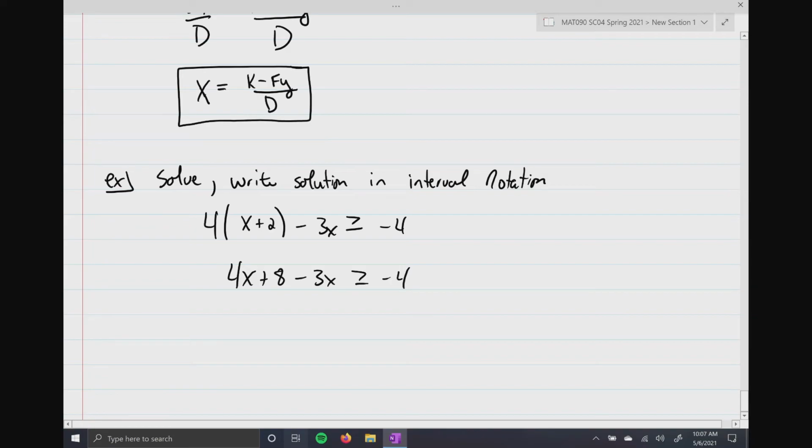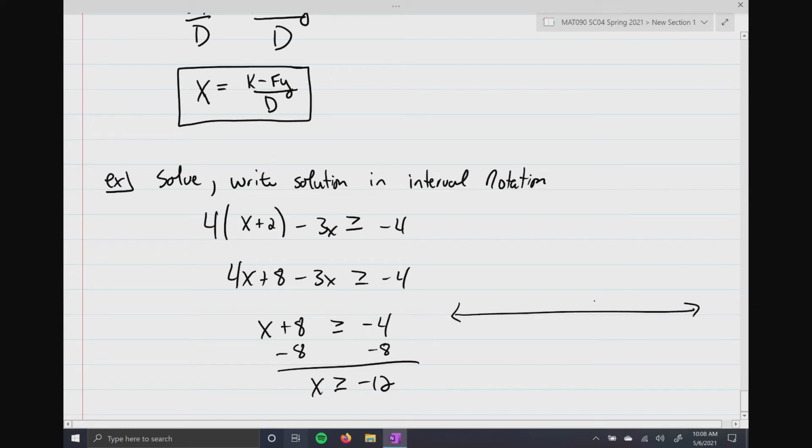I look on the left and I group my like terms. 4x minus 3x is x plus 8. Is greater than or equal to negative 4. Then I subtract 8 from both sides to give me x is greater than or equal to negative 12. I take one second and I graph it.